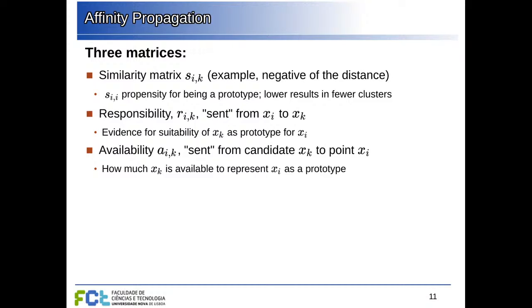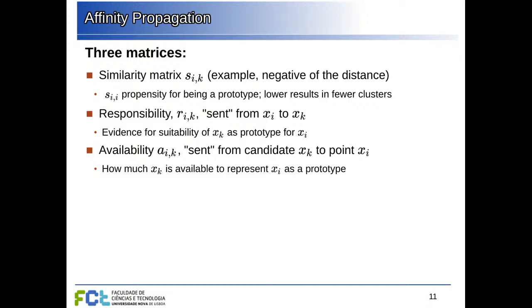Now we have two matrices. One covers the responsibility of one point sending to another. So basically point I is telling point K that point K is suitable or responsible for representing point I. We can think of this as a sort of a vote for representatives. And then we have the availability of K to represent I. So this A matrix gives us the availability that the representative has to represent each of the other points.